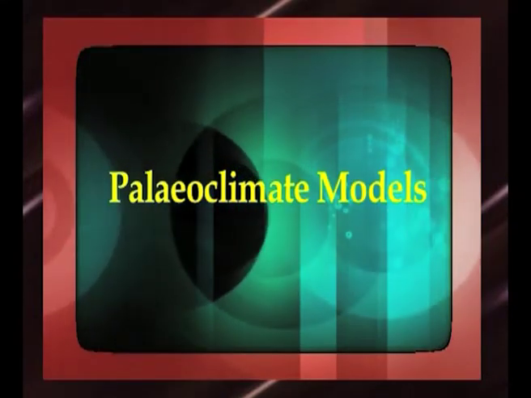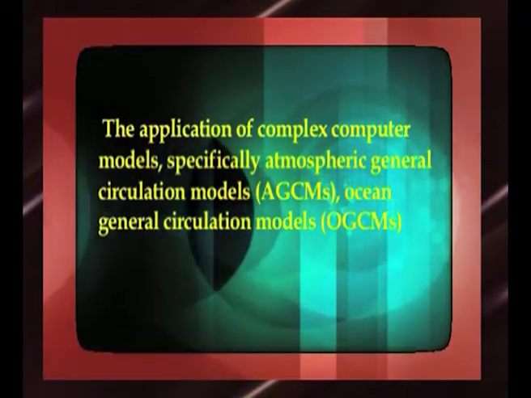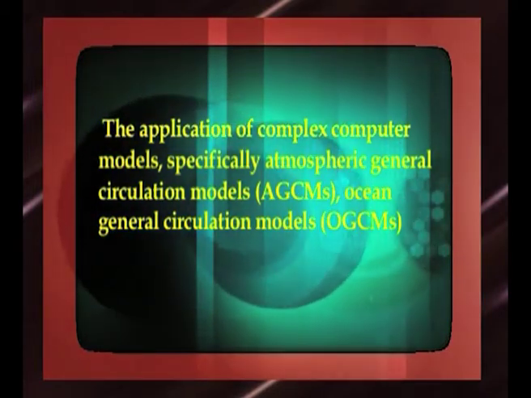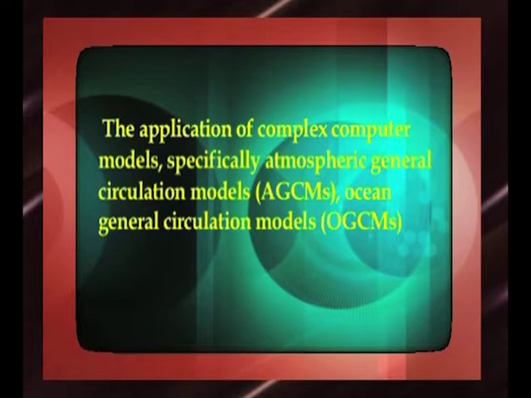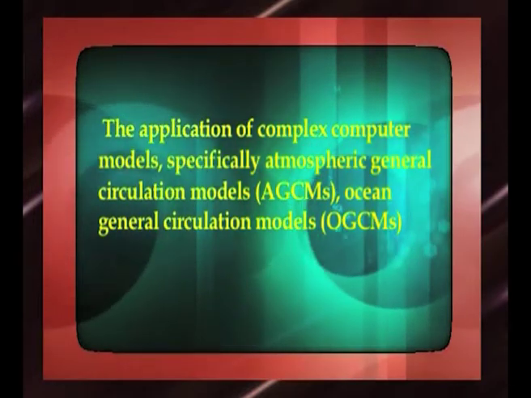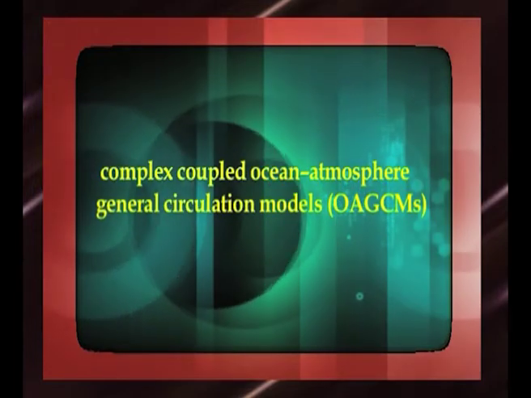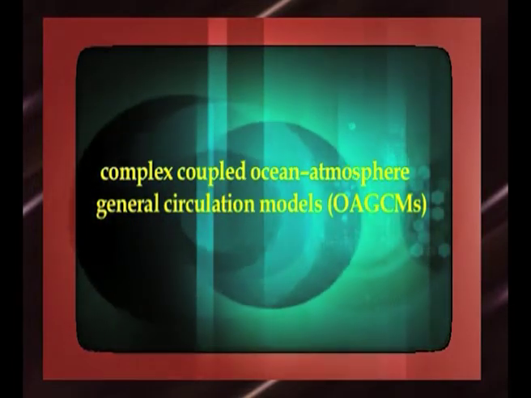Coming to paleoclimate models, a recent approach to understanding the past climate regimes on Earth has been through the application of complex computer models, specifically atmospheric general circulation models, that is AGCMs, ocean general circulation models, that is OGCMs, and recently even more complex coupled ocean-atmosphere general circulation models, that is OAGCMs.